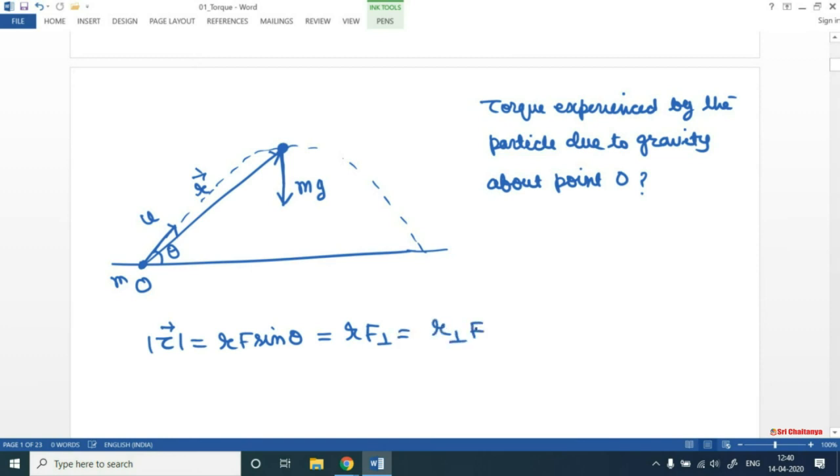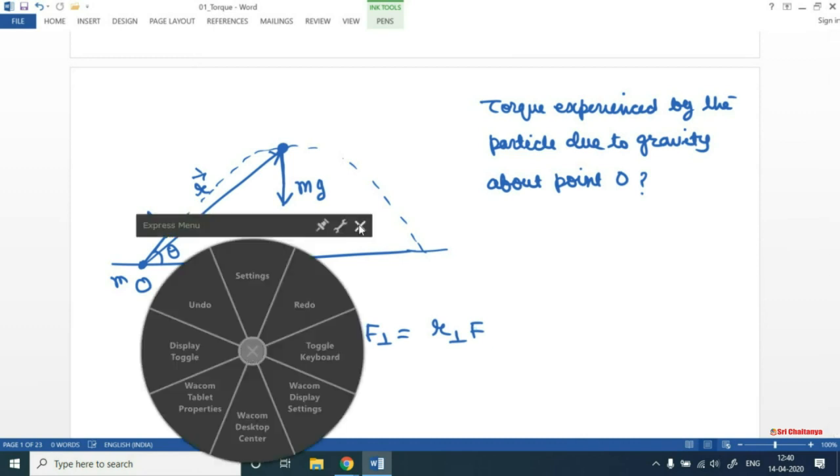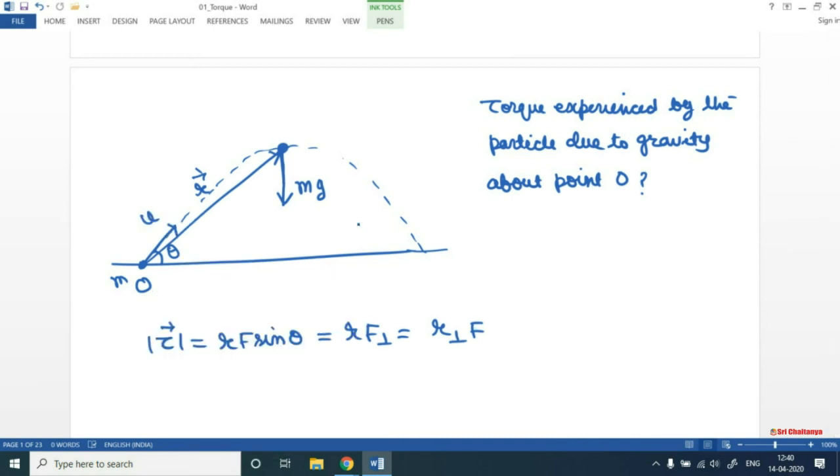So which formula would be more suitable in this case? For example, if we plan to use the formula rF sine theta, the magnitude of F is known to us, but we need to calculate additionally the magnitude of r, and the value of sine theta also.